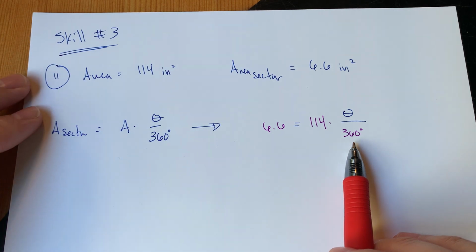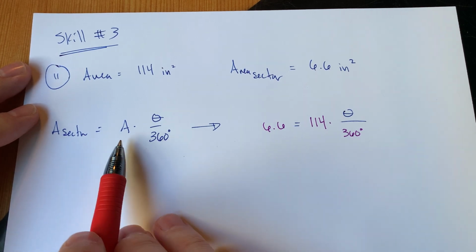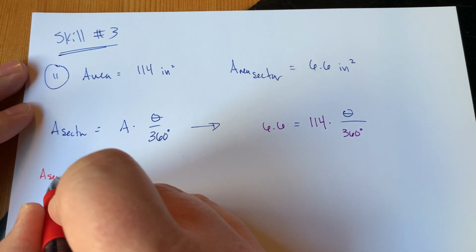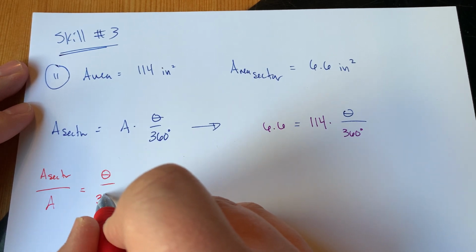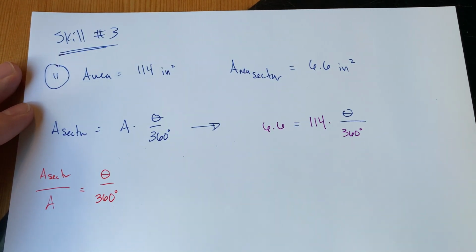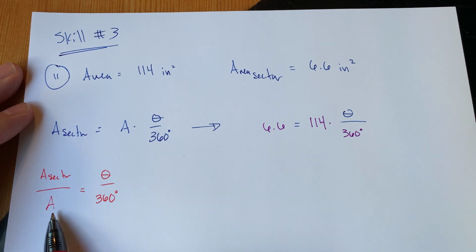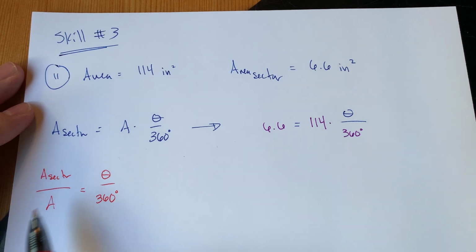You could also conceptualize this as, hopefully this isn't too confusing, this formula could really be written as a ratio. If you have the area of the sector over the total area, it would be a ratio of the angle that you're rotating through over 360. I think this conceptually makes sense, right? However much your fan blade area is compared to the total area is going to be in direct proportion to your angle of rotation over 360.